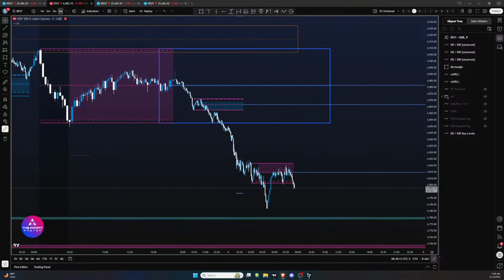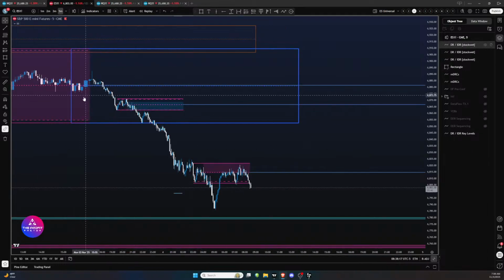All right, so let's talk about today. Again, we have range contraction. This is kind of an easy day because we have what's called an unbroken downside model. Unbroken means we have not broken the prior midline.